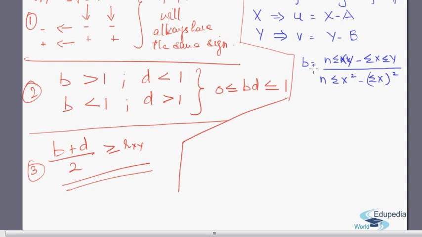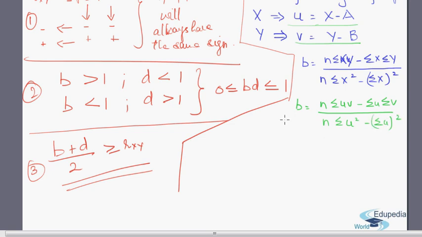Now in case I do this shifting of origin, then the form of the formula is unaffected, and now my b will be equal to n times summation u multiplied by v minus summation u summation v, divided by n times summation u square minus summation u the whole square.